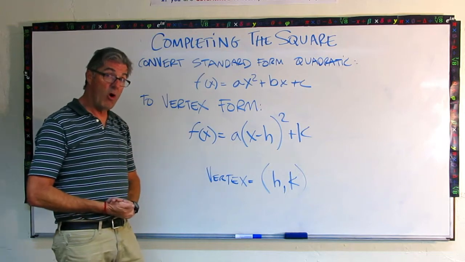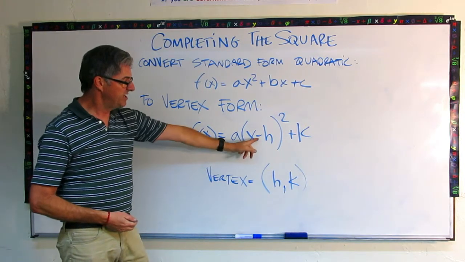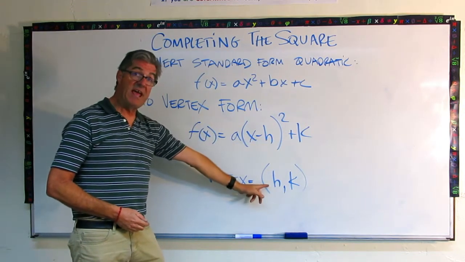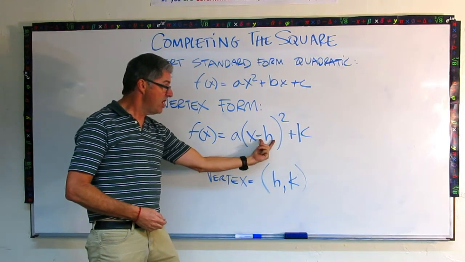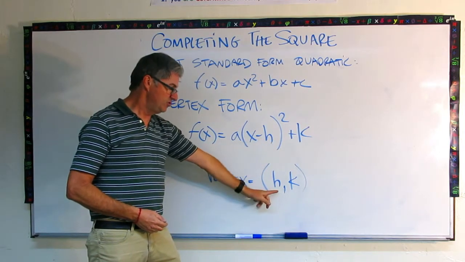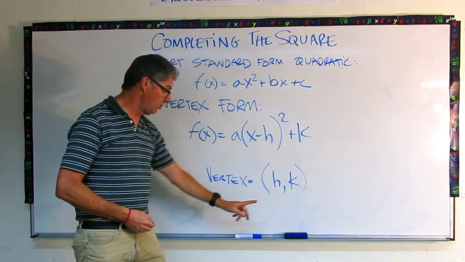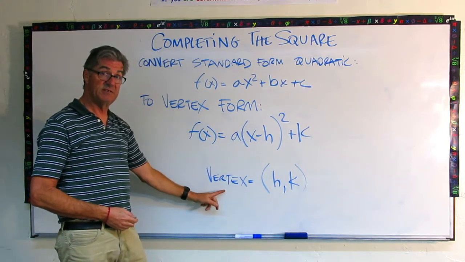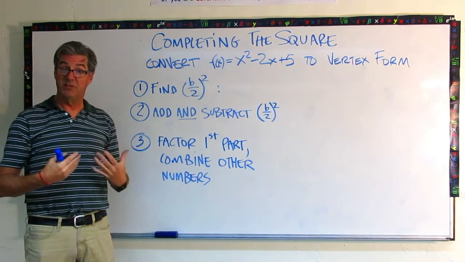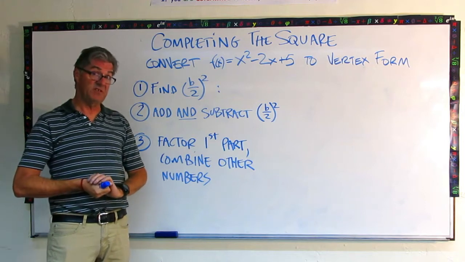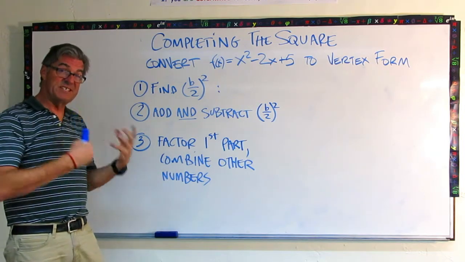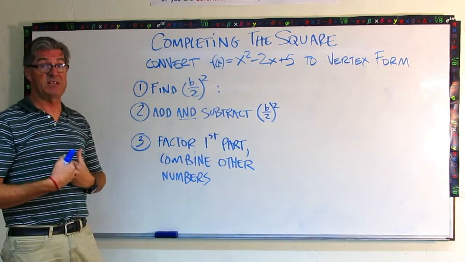One thing to always remember, there's a negative here, there's no negative there. So whatever number is here, you change the sign when you put it here when you want to list the vertex. Okay, what I'd like to do is walk you through a series of steps where we'll convert a standard form quadratic to vertex form.